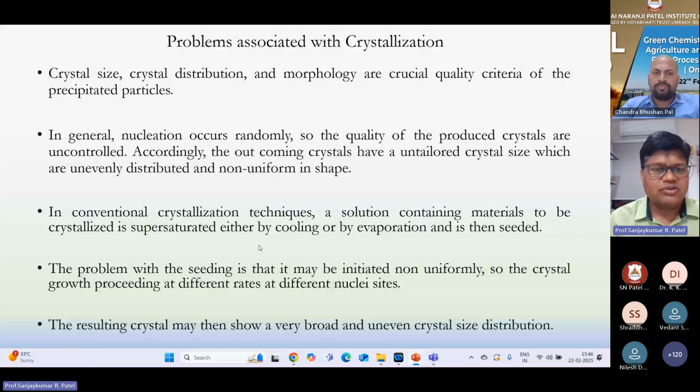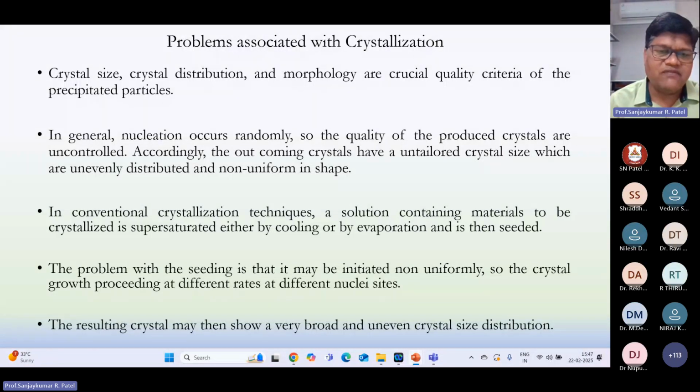This is due to the fact that in a solution there are various sites at which nuclei will be created at different intervals or times, and therefore the growth will also occur at different intervals or times. So at a particular time, if you stop the crystallization process, we have different growth of the crystals, and therefore we obtain different crystal sizes. That is the problem, you can say.